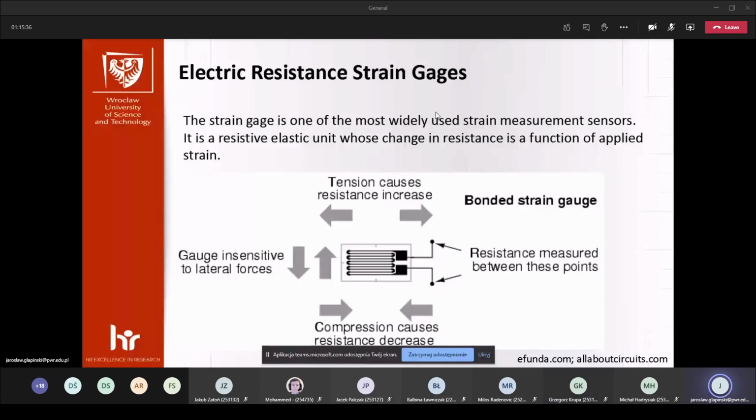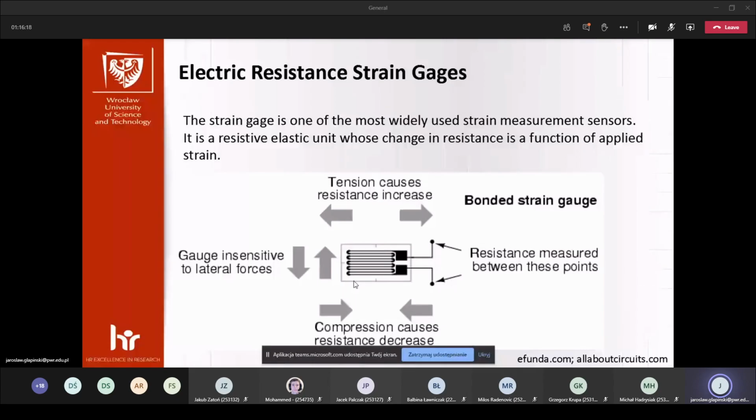Okay, so now we are going toward the strain gauge. The strain gauge is one of the most widely used strain measurement sensors. Yes, this is the strain gauge. It uses the mechanical changes of the strain to change the resistive parameters of the element. Generally, we know it because a longer wire has higher resistivity.